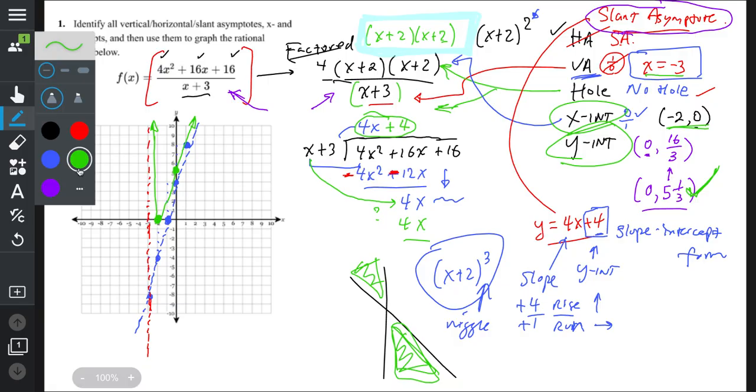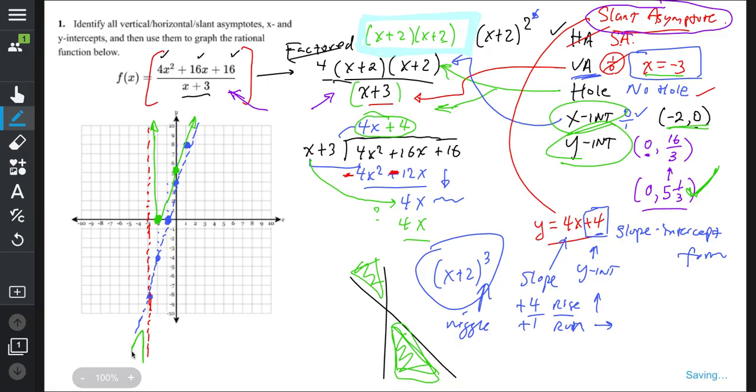Well, what you're not seeing here in this case is the graph skips -2 as you move from right to left. It skips -2, but continues right here.